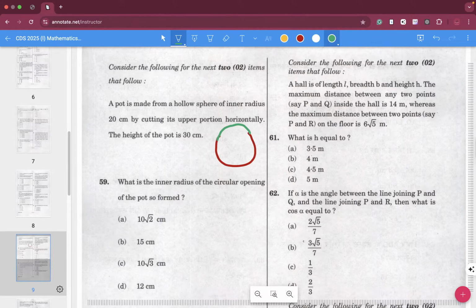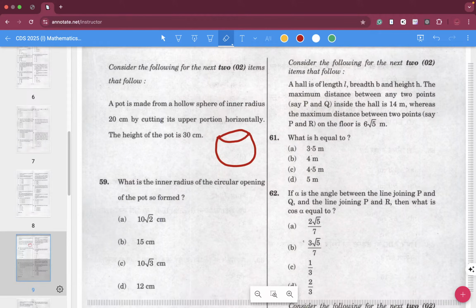There's a purpose why I am writing it in green and red. Now you have cut the upper part. So this green portion is removed. Now this has become a pot.